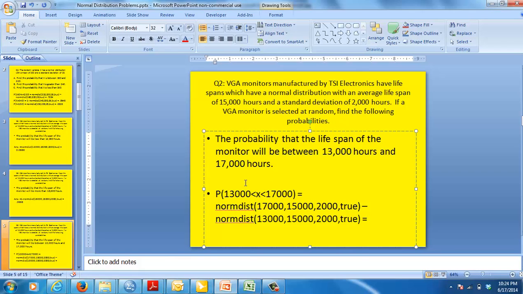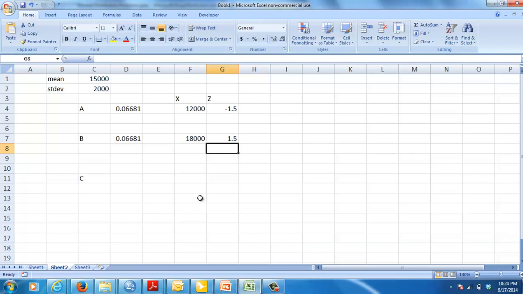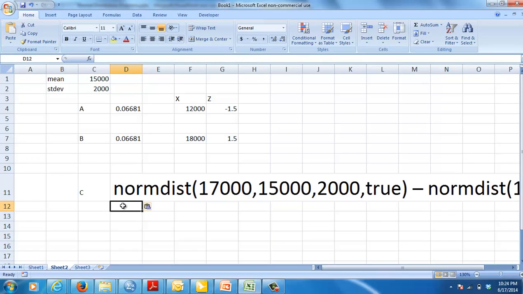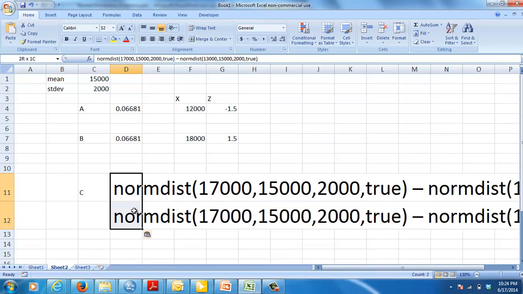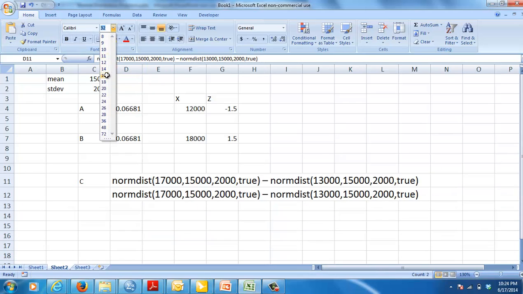Equals something. Okay. So I'm going to take this right here, copy it, come back here, and paste it just so you can see what it looks like. Shrink these both to 16, and put equal signs in front of this one so I can get an answer.